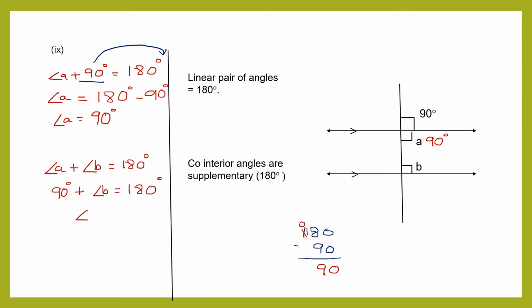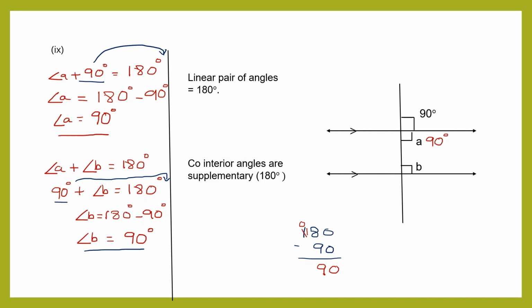I'm going to leave angle B on the left hand side, 180 on the right hand side, and I'm going to move plus 90 degrees from here to the right hand side. So now it becomes minus 90 degrees. 180 minus 90, we just worked it out here. So angle B is also 90 degrees. So we have found angle A to be 90 degrees and angle B also to be 90 degrees.